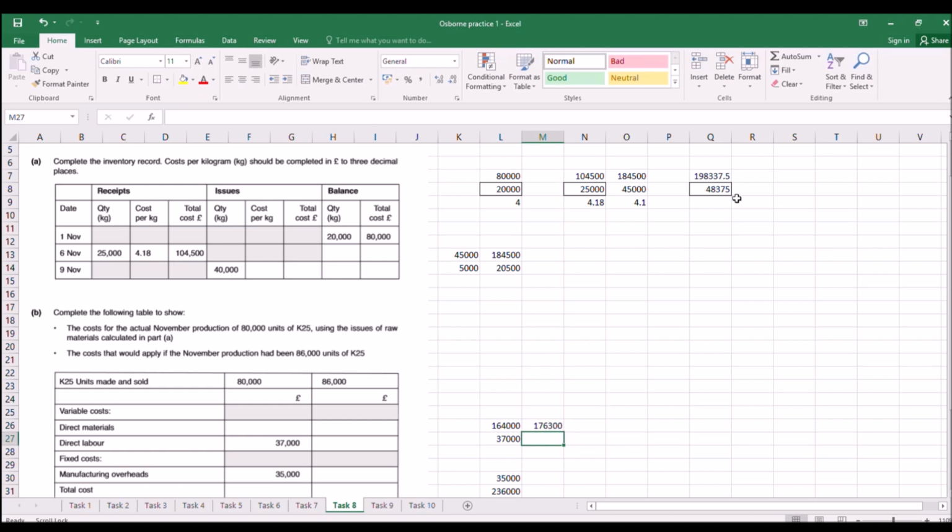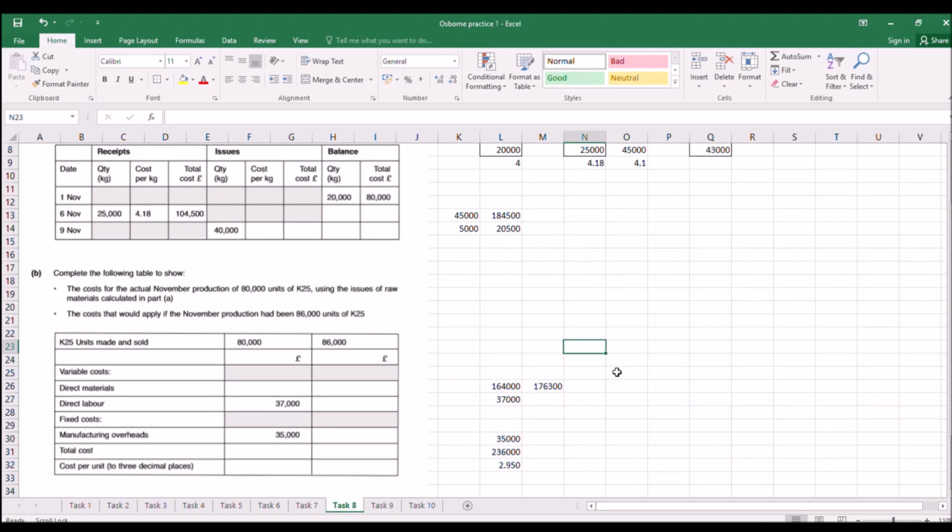And let's do the same thing up here, which would be, oh, it's 40,000, wasn't it? Sorry, 40,000 units times by 86 divided by 80. So 43,000 units, and then that times by £4.10, 176,000, same figure, which it should do, but it's just useful to have a check.